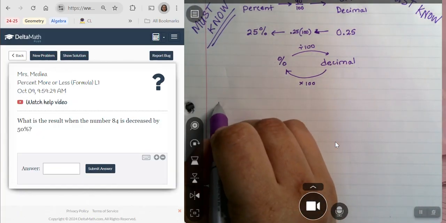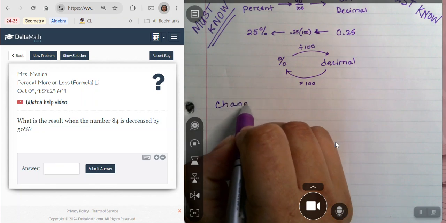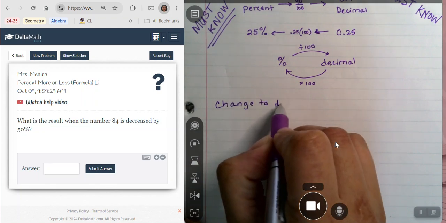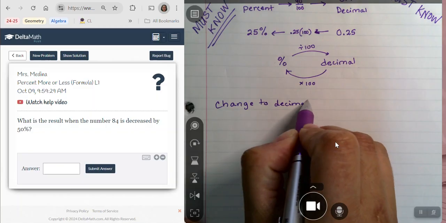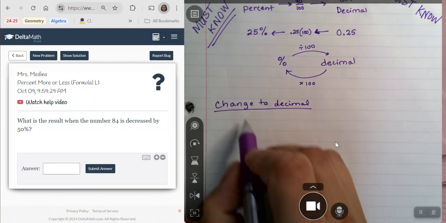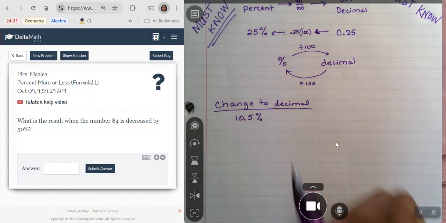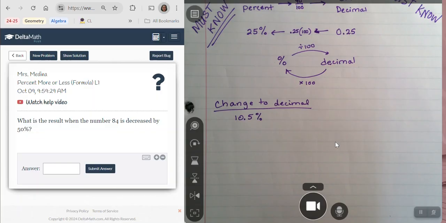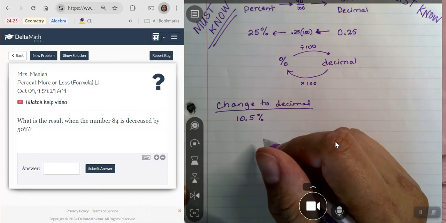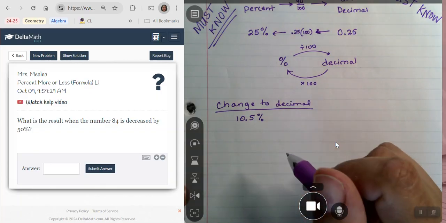So if I say change to decimal, and I give you 10.5%. How do we write that as a decimal? What does the calculator say?